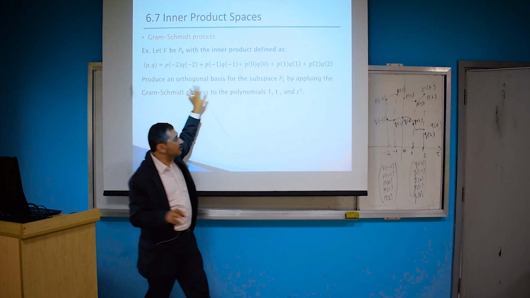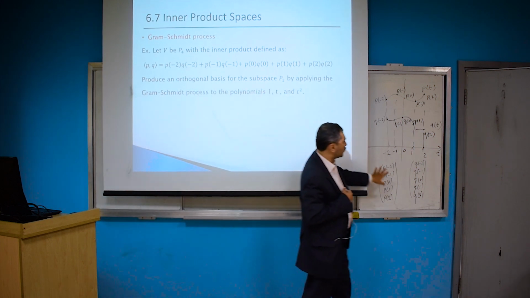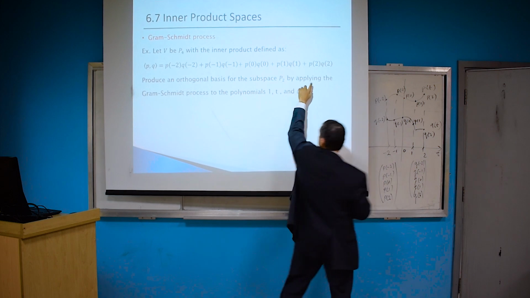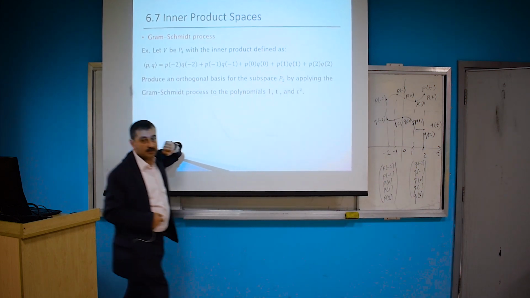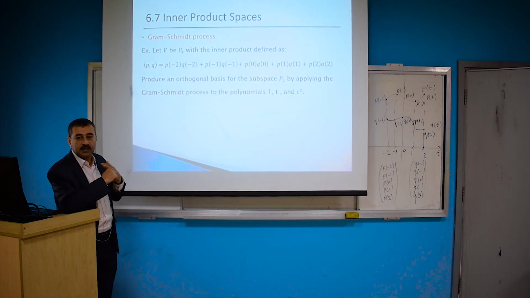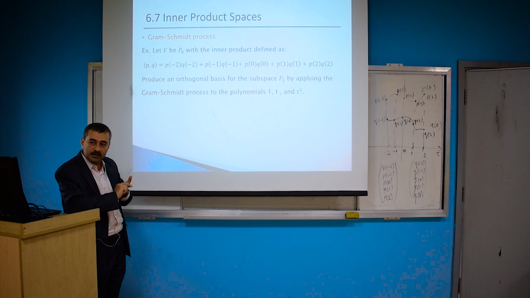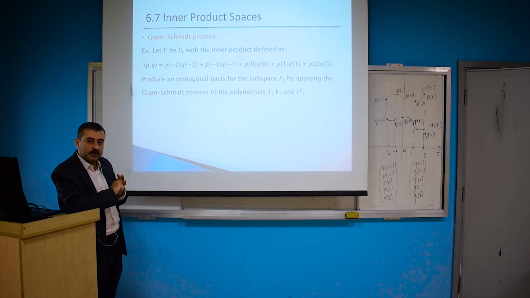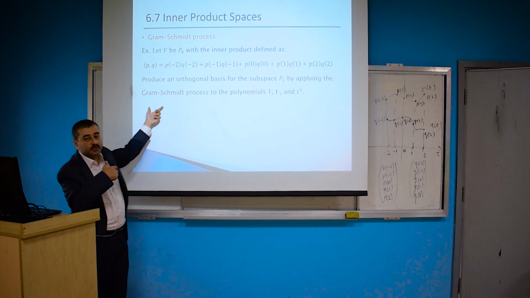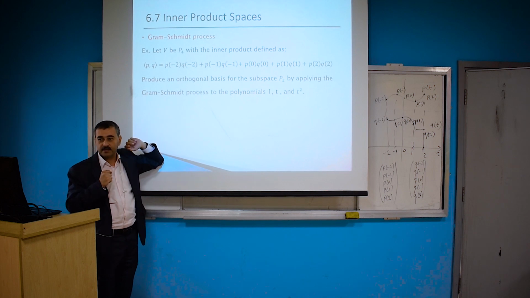So according to this inner product, given by this equation, I have to check if 1, t and t squared are orthogonal to each other or not. If they are not orthogonal, then I have to use the extension of Gram-Schmidt to get an orthogonal basis.